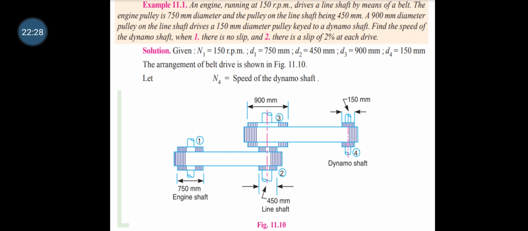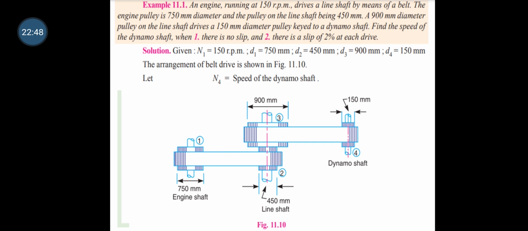The engine pulley is 750 mm diameter and the pulley on the line shaft is 450 mm. A 900 mm diameter pulley on the line shaft drives a 150 mm diameter pulley keyed to a dynamo shaft. We have to find the speed of the dynamo shaft.